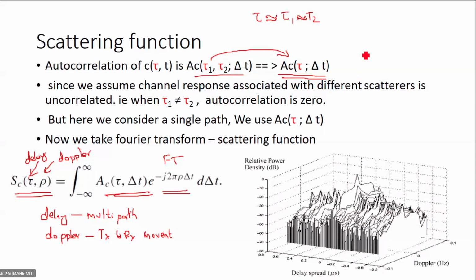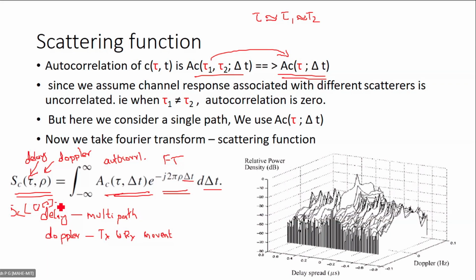So what we have seen earlier is the autocorrelation, AC of tau comma delta t, and we are taking the Fourier transform with respect to delta t. This time we have the scattering function as SC of tau comma rho.